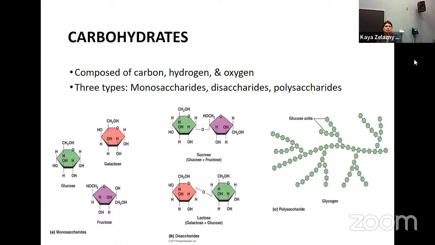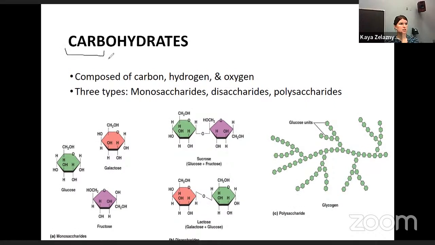So if we look at a carbohydrate, it tells us what it is in the name, right? We're going to have carbon, oxygen, and hydrogen. So we're going to see carbon and a bunch of OH groups, right? These OH groups are in the name. We're going to see them in ring form in the body.